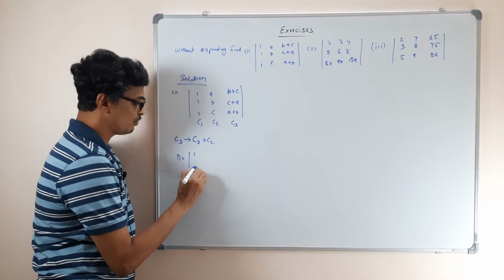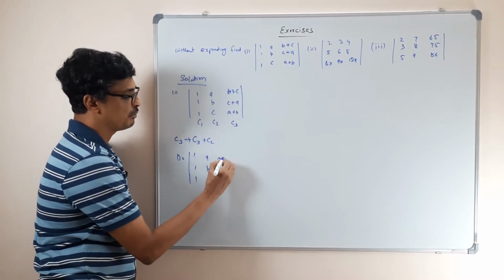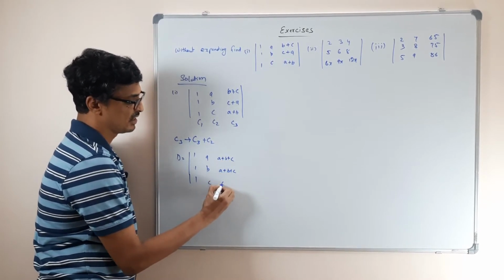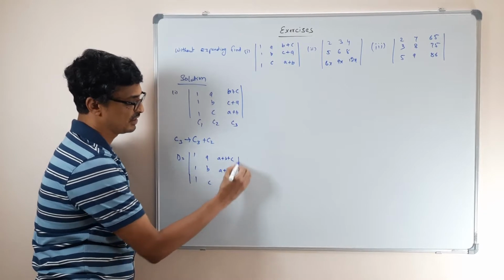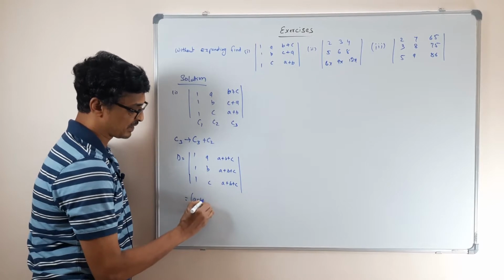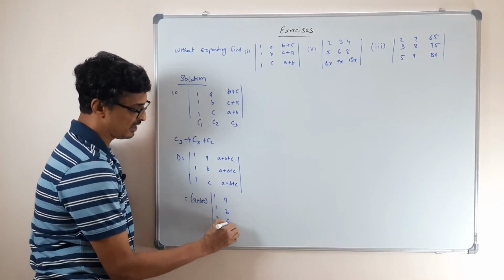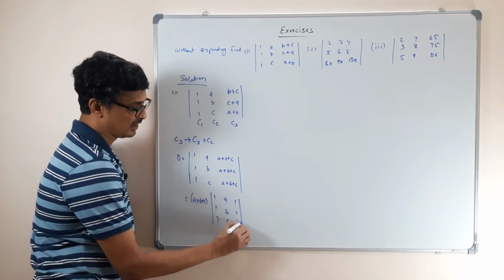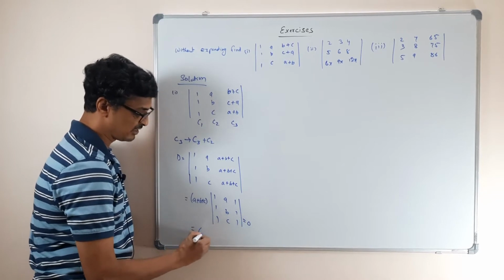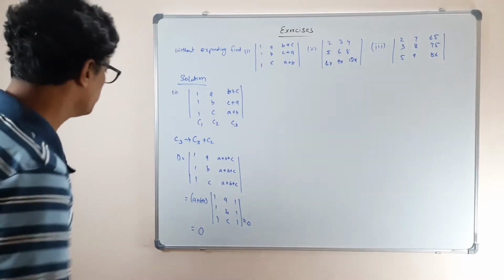Tell me: 1, 1, 1, A, B, C, A plus B plus C, A plus B plus C, A plus B plus C. If I take A plus B plus C commonly outside, then 1, 1, 1, A, B, C, 1, 1, 1, and this has to be equal to 0 because two columns are identical. Therefore, the answer is 0. It is as simple as that.